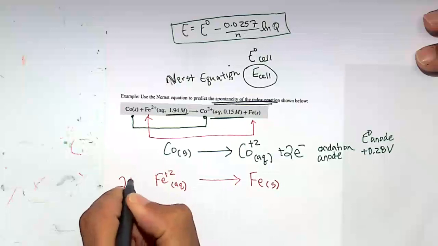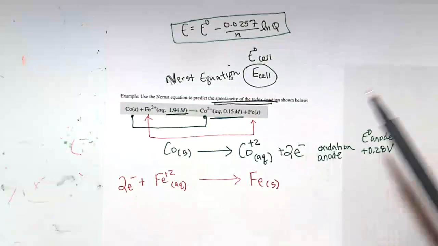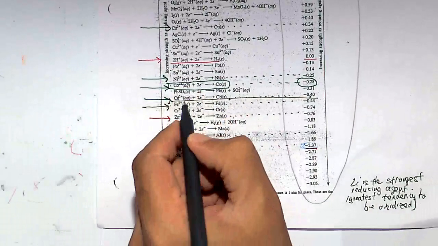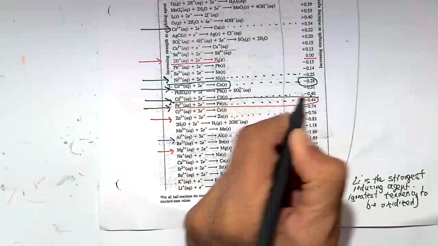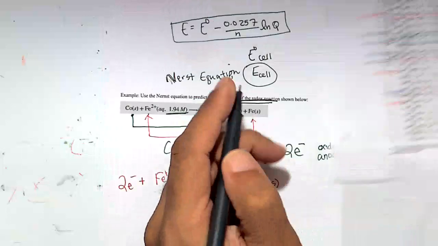Everyone see this, 2 electrons on the reactant side to balance that. Is everyone good with that? And Fe2+ plus 2e- goes to Fe solid. Where is that here? Okay, it's right here. That's negative 0.44 volts.